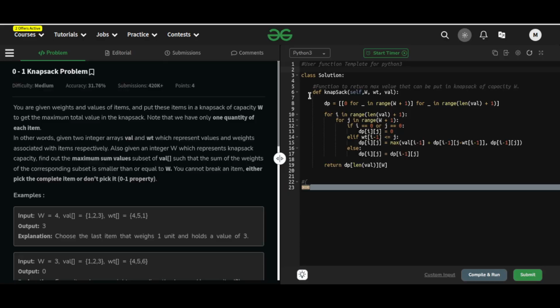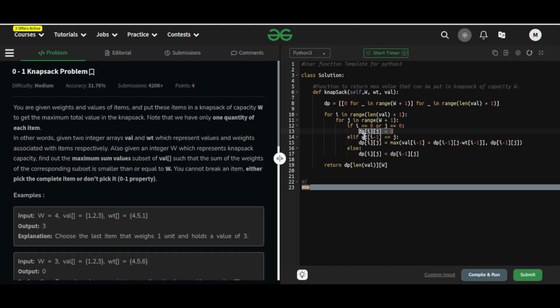So first, let us look at the Python implementation. For this, we have a dp table where the rows equal the number of items and the columns equal the capacity of the knapsack. Then we are iterating on I and j. If I equals 0 or j equals 0, then dp of I comma j will be equal to 0.